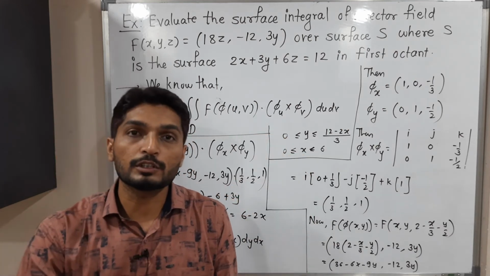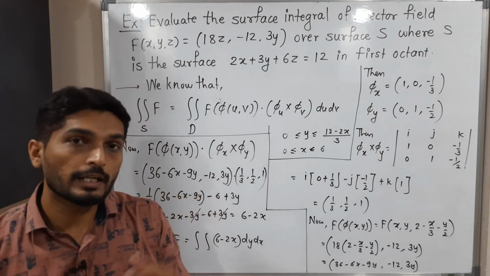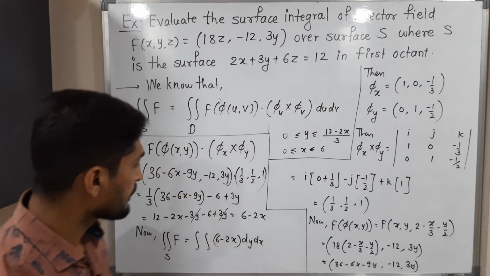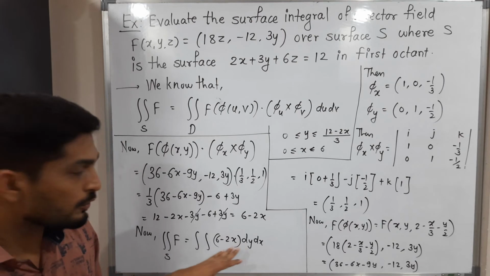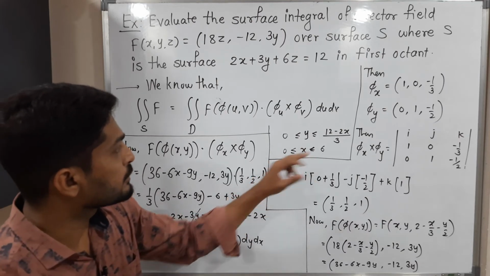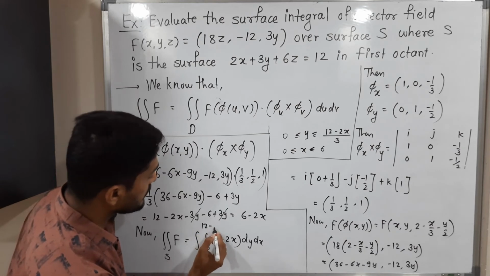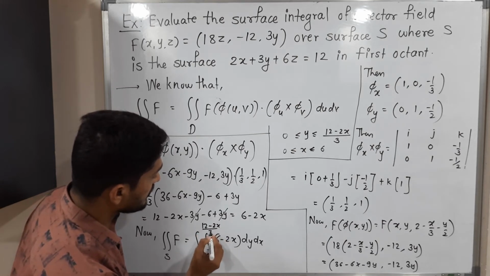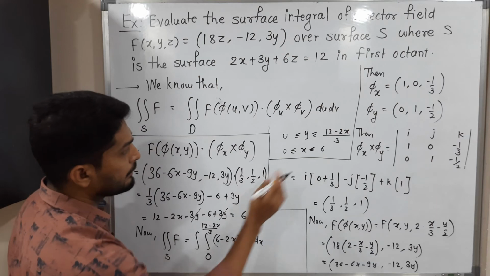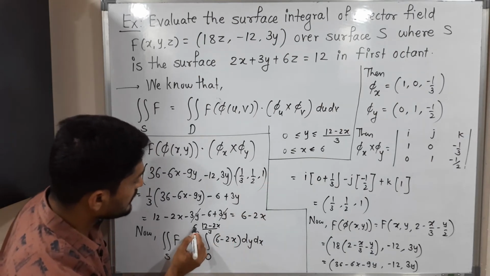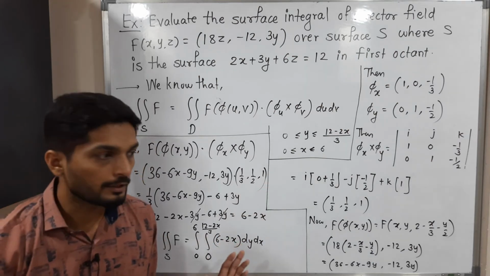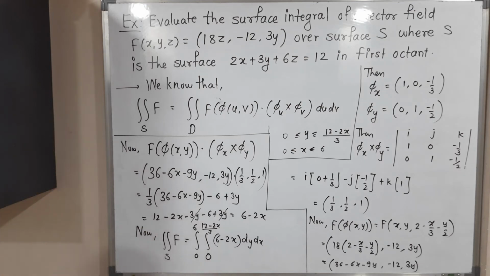So we should integrate with respect to y first, then we will integrate with respect to x. So what is limits of y? Here limits of y 0 to 12 minus 2x by 3. Same limit I am writing here, and limits of x 0 to 6. So simply we have to integrate it. Okay. So make a screenshot of it first, then I will go further.